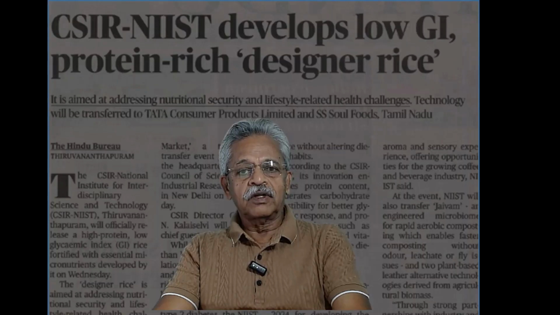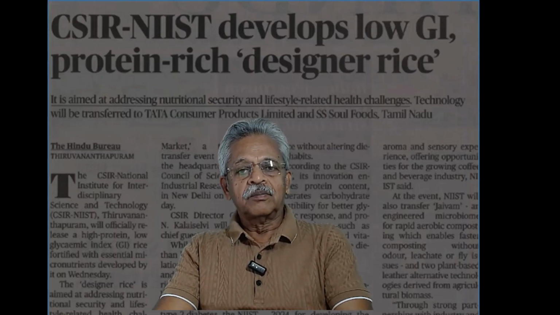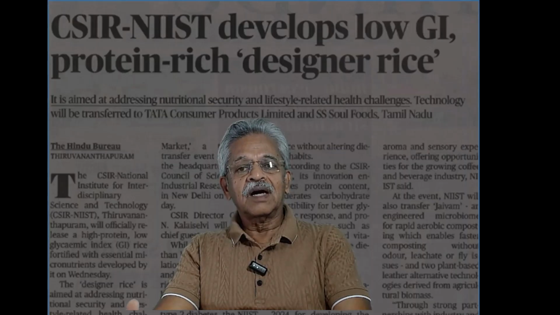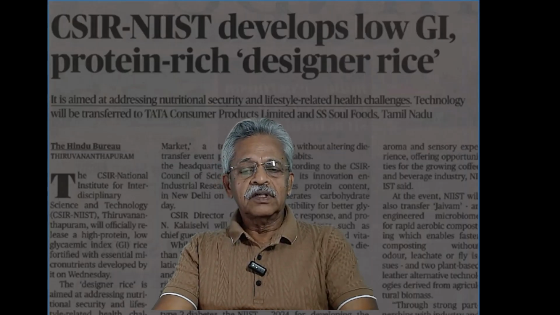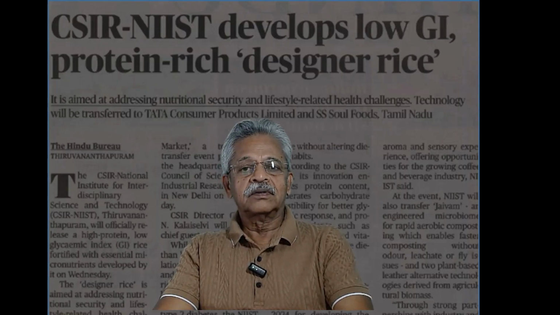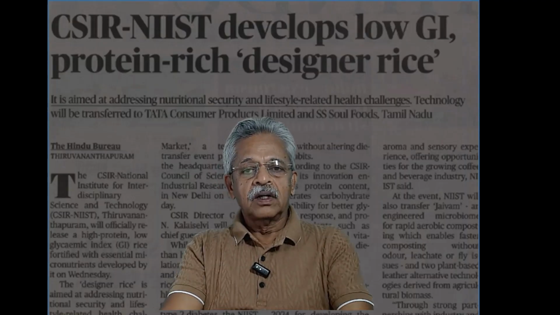Genetic modification is like you are doing it before birth. A designer rice is something like after birth. This is the difference. A rice is modified into another rice.